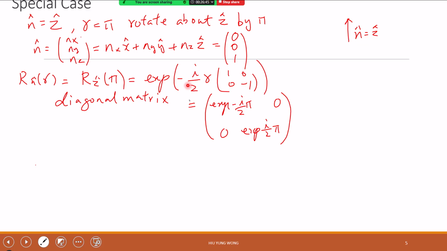Here it is negative 1, so it's i pi divided by 2. Because it's diagonal, the result is just that you exponentiate each diagonal element: exponential of this one and this one. This is important. Any questions? You can do this whenever you see a diagonal matrix.